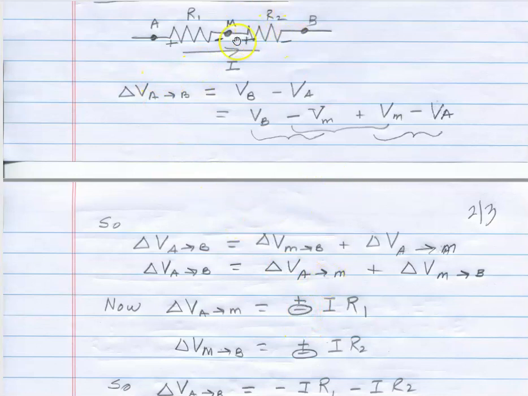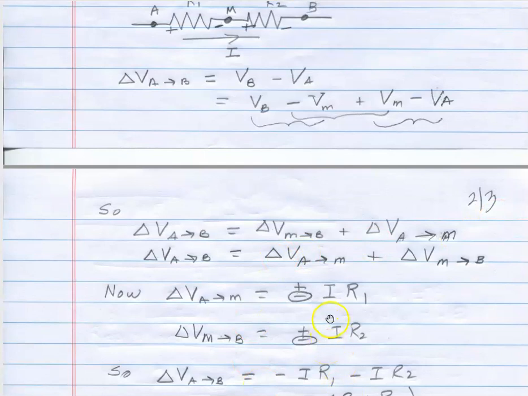Likewise for the second resistor, as I move across it, that's a minus sign. So ordinarily I would write the potential drop from M to B is plus or minus I times the resistance, the current going through resistor R2 times the resistor. And then again, as I move across it going from M to B, the last sign I hit on that circuit element is negative, and so I choose the negative sign.